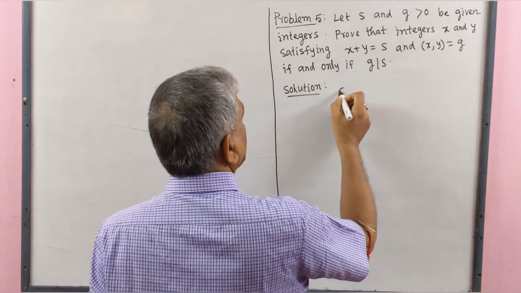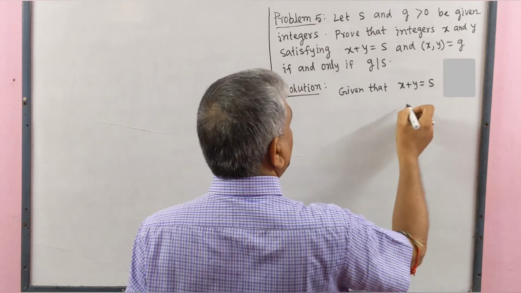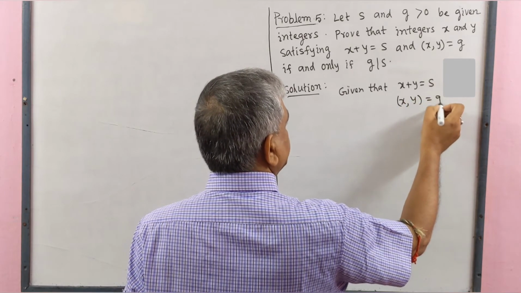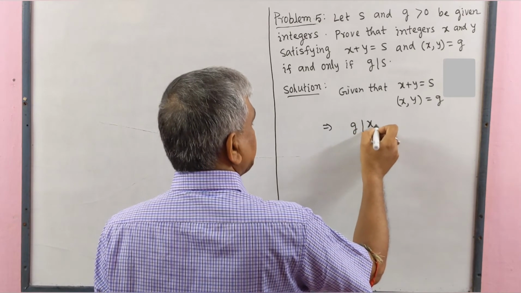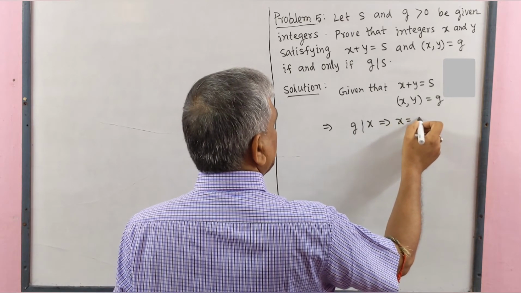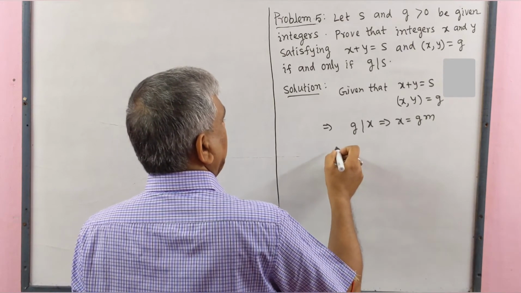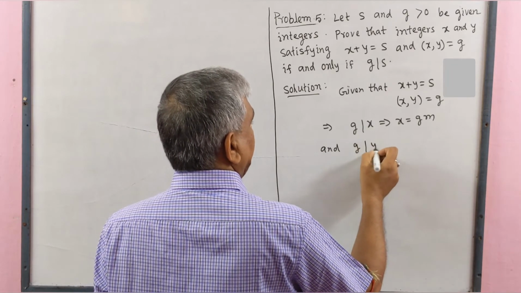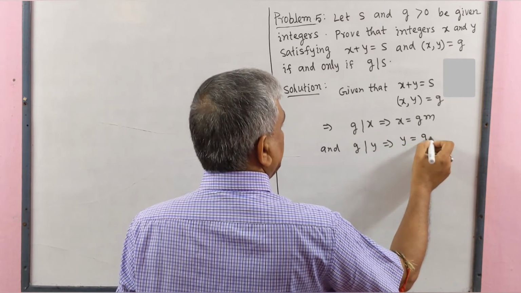Since given that x plus y equal to s and GCD of x and y equal to g, implies that g divides x, implies that x equal to gm, and g divides y, implies that y equal to gn.